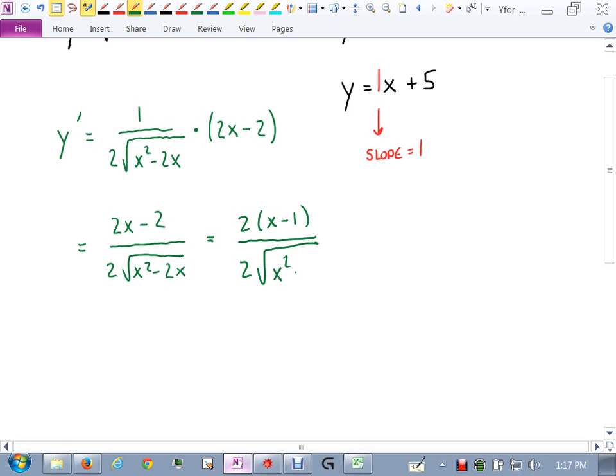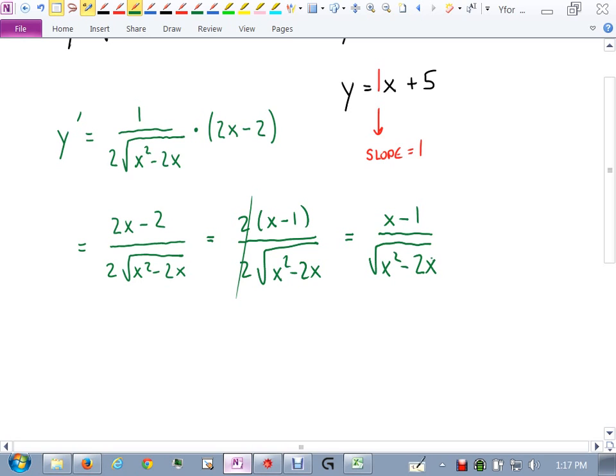And then cancel those. And so your derivative is x minus 1 over square root x squared minus 2x. If you got that or something close to that, you probably got plus something. If you just got the derivative, right? I did give you some credit for that.